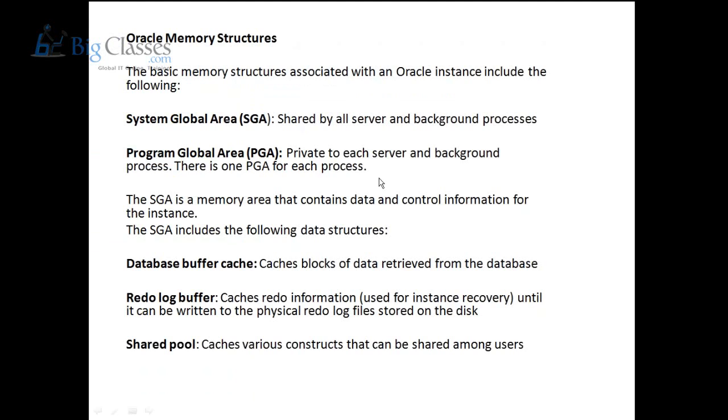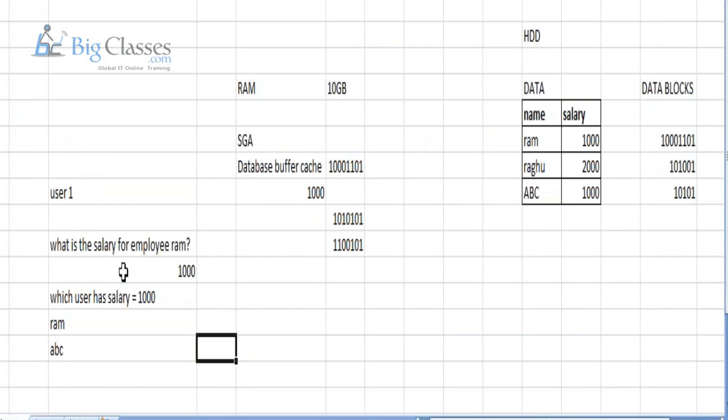Similarly, for your database, what are all the changes that you are doing? For example, in the example we saw, you queried for the information whose salary was, whose name was Ram, or whose salary is equal to 1000, right? So the information in your database buffer cache has been converted into user readable format and presented to the user, right?